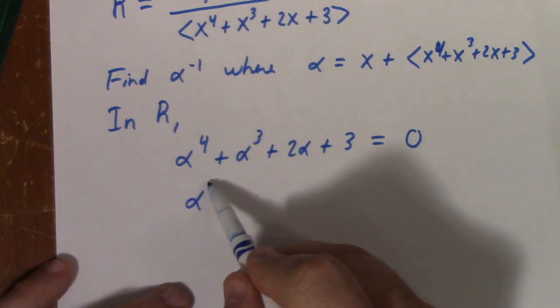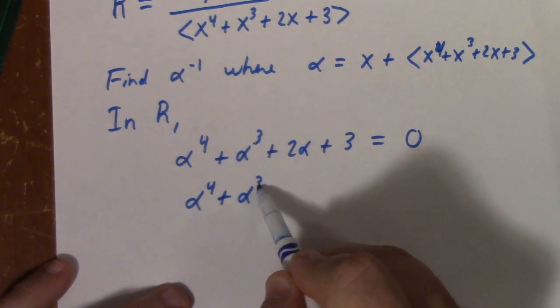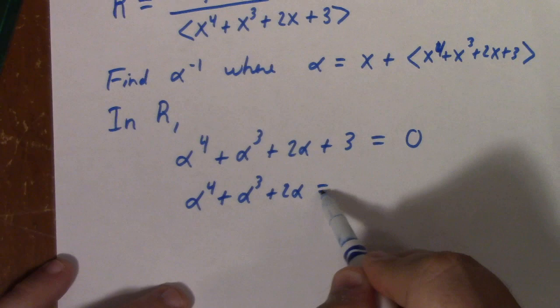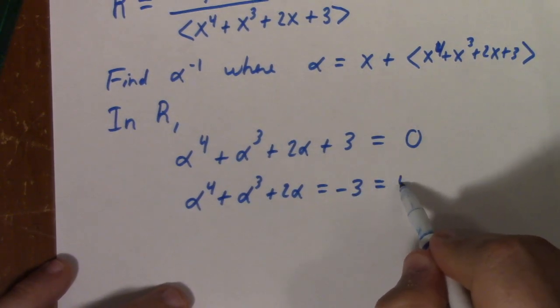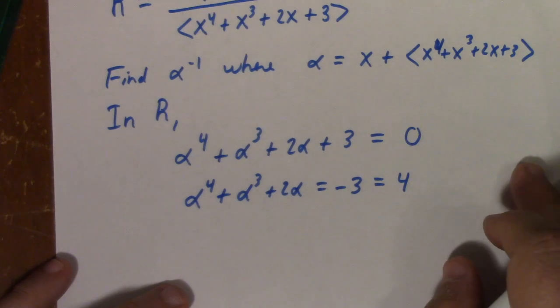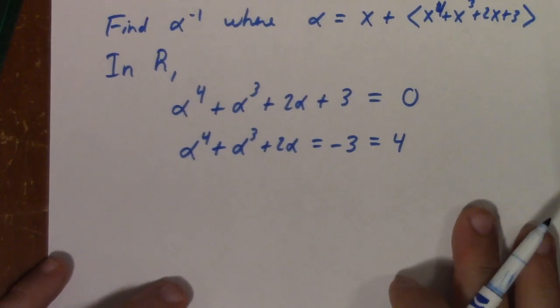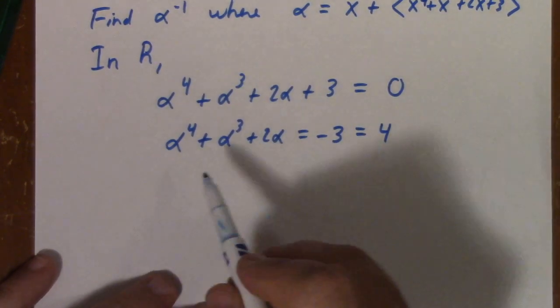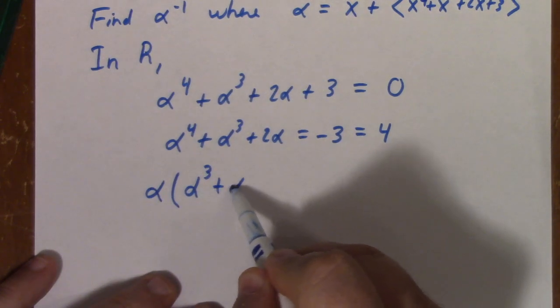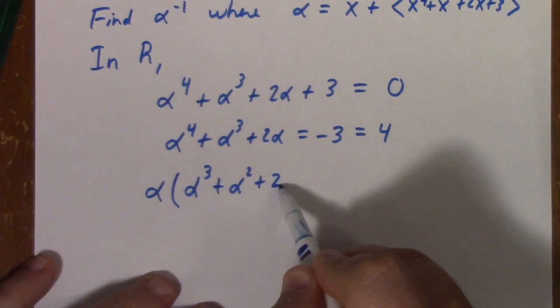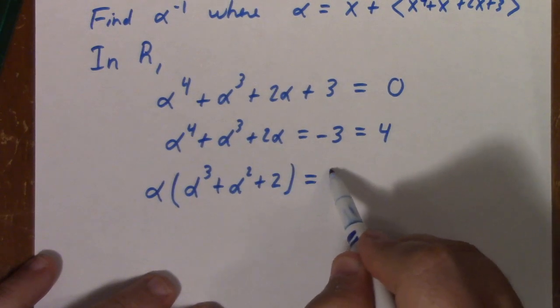What that is, alpha to the 4th plus alpha cubed plus 2 alpha equals minus 3, right? And I'll trade that minus 3 for a 4. All right. Then what? We'll factor alpha out. So we've got alpha times alpha cubed plus alpha squared plus 2 equals 4.